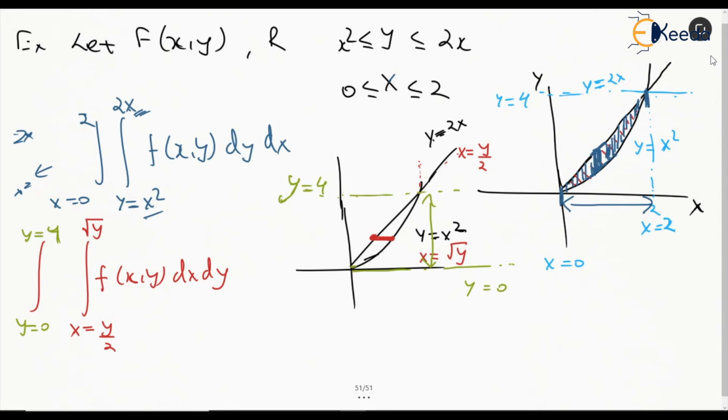So this will give the same value for this double integration, since we are in the same region, but what we have done is we have changed the order of integration from dy dx to dx dy. Instead of taking vertical elements, we are taking horizontal rectangular elements. So this element starts from here, here, and so on up to this point, right?